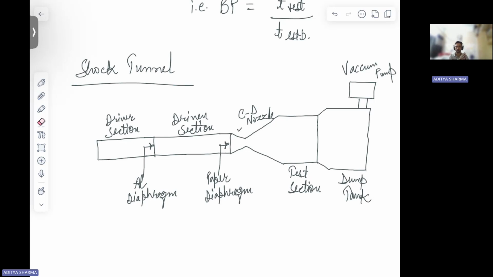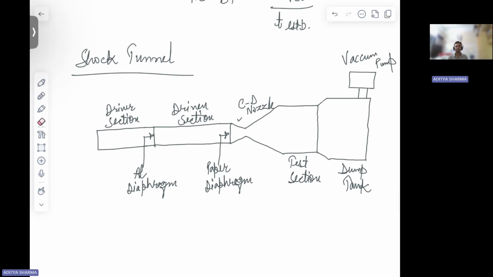That is what we are calling the aluminium diaphragm, a thin sheet. Then between your driven section and CD nozzle, we will again keep one thin sheet, which will be of paper.